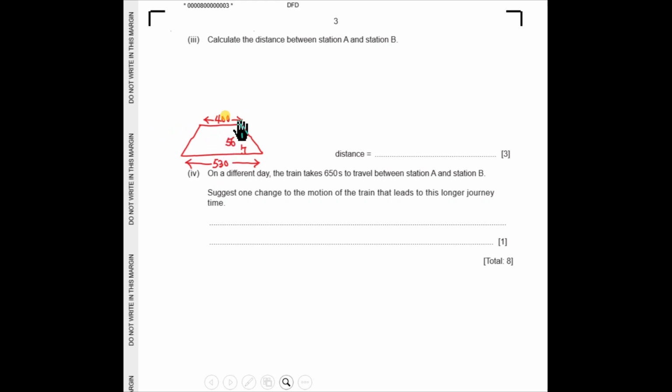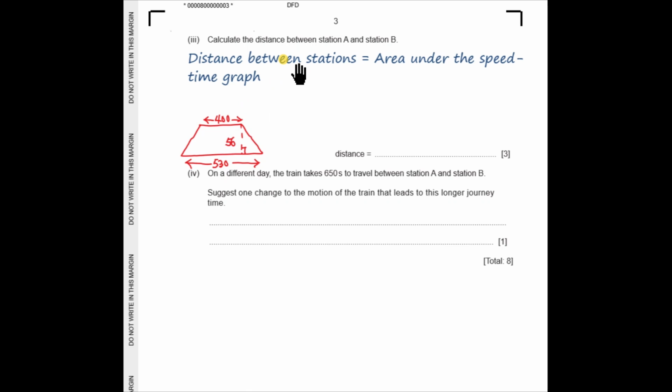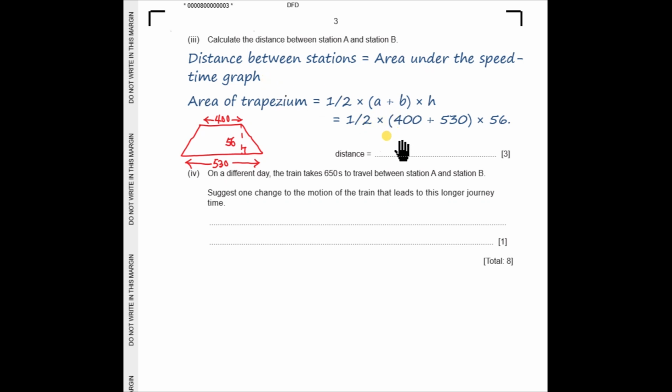So you can find the area of this trapezium, which is equal to the distance traveled. If you do that, that gives us about 26,040 meters. But you are expected to put your answer to two significant figures, that is 26,000 meters, which is the same thing as approximately 26 kilometers.